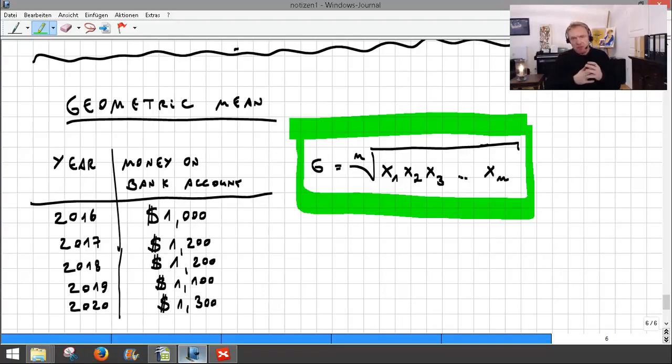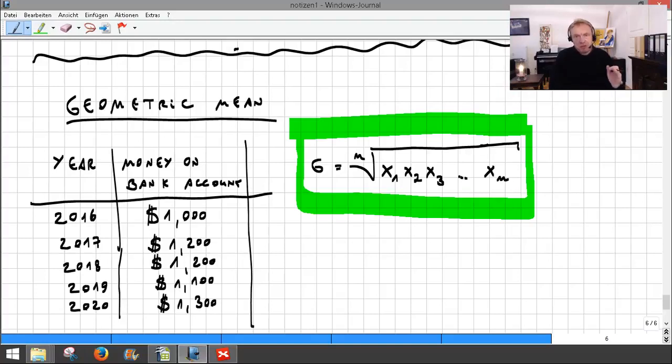For example, we have $1,000 at the end of 2016, and at the end of the following year, 2017, we have $1,200, 1,200 the year thereafter, then $1,100 and then $1,300 at the end of 2020.